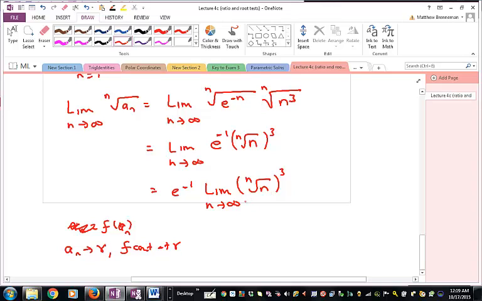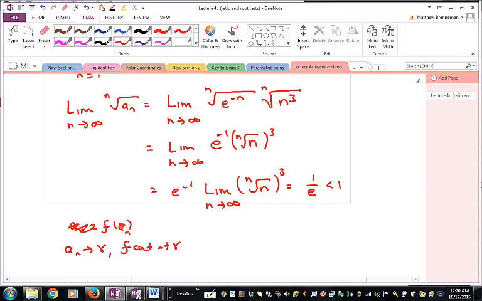Okay, so this is like our f of a sub n. So this goes to 1, and x cubed is continuous at 1, so this goes to 1 over e, which is less than 1, and therefore this thing converges.